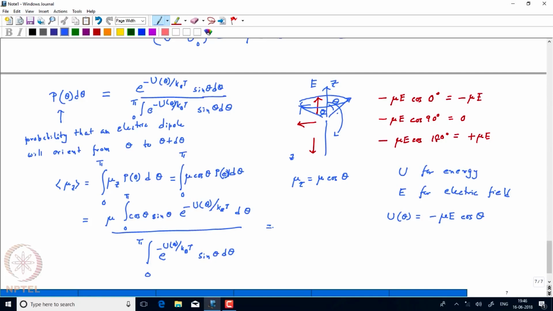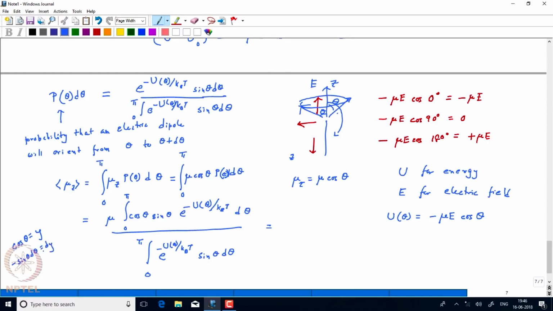And how do we make the substitution? Suppose I have sin theta d theta. I can make a substitution: let cos theta equal y, and then minus sin theta d theta is basically dy.